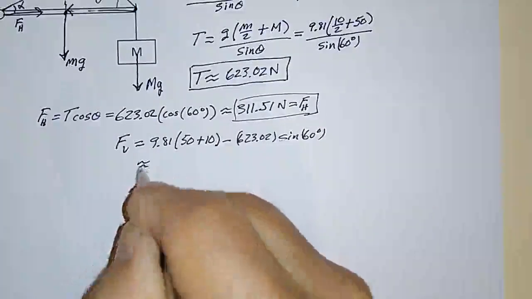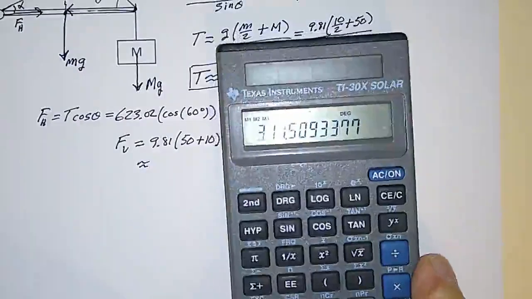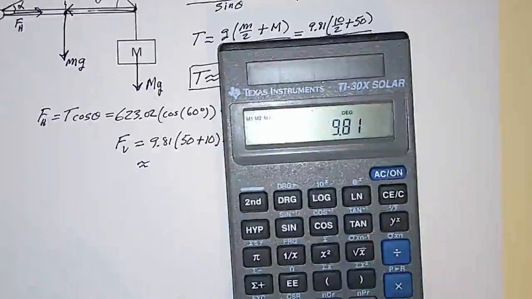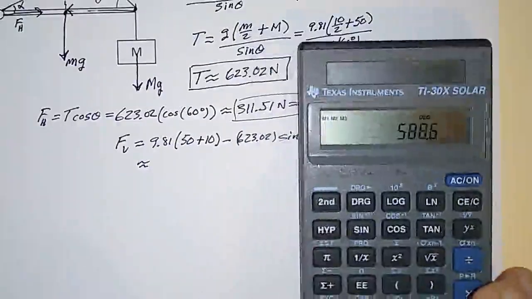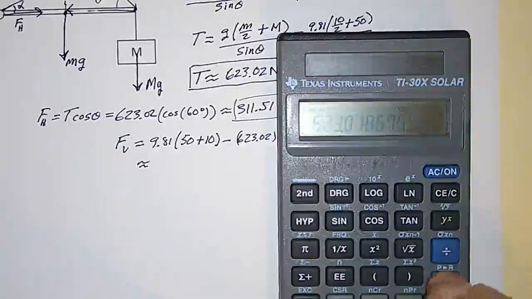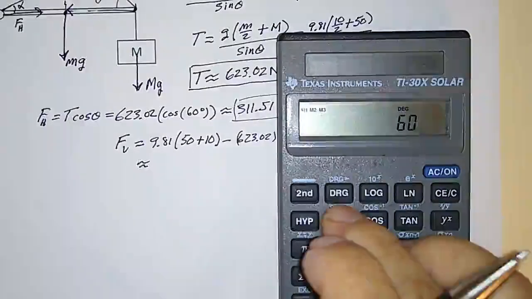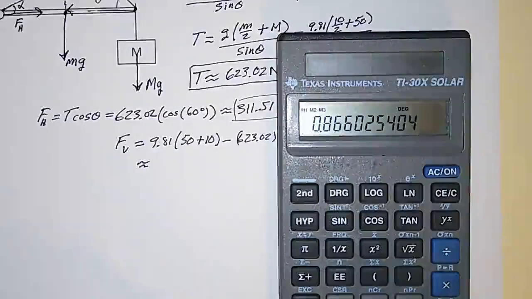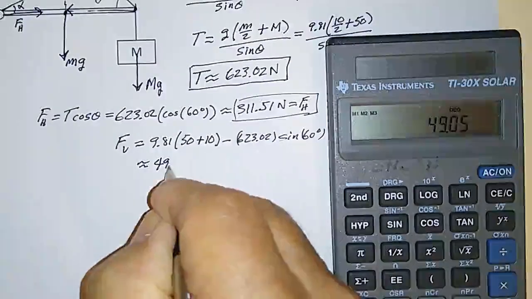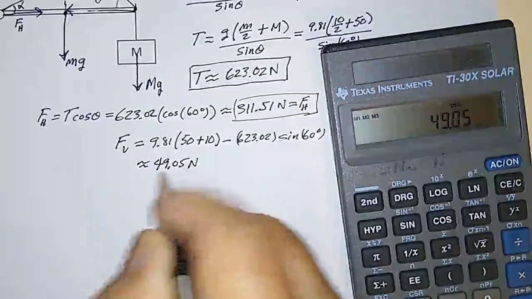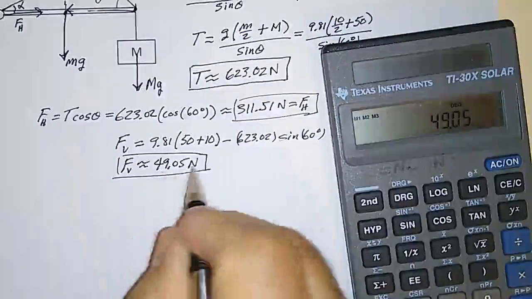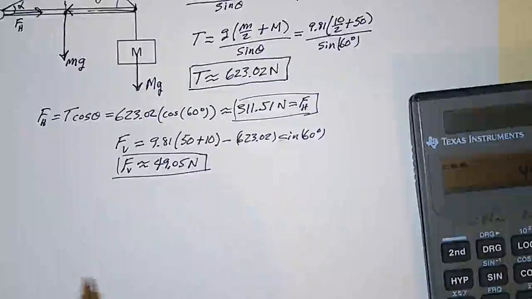And that works out to be, put it in the calculator here, 60 times g minus 623.02 times the sine of 60 degrees, and that's equal to 49.05 newtons. That's the vertical component of the force, which is quite a bit smaller than the horizontal component.